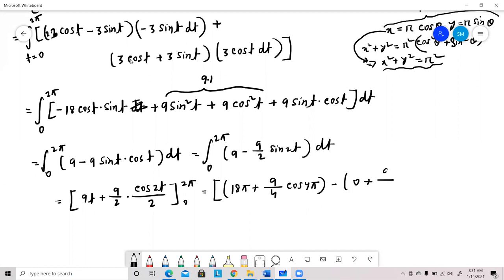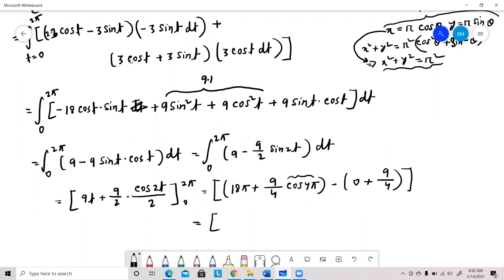Cos 0 means 1. And for further simplification we get cos 4 pi.